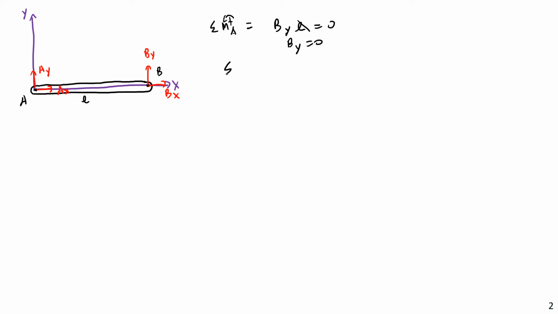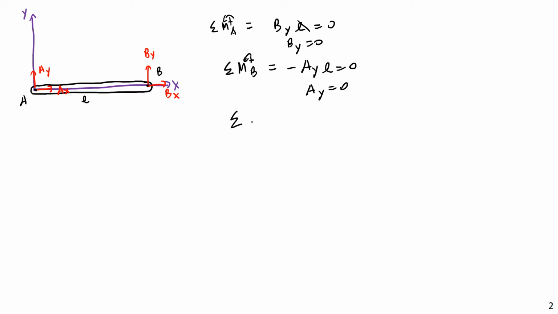And I can do the same thing with a balance of moments about point B. If I take a balance of moments about point B, I will get negative AY, negative moment because clockwise, times the length L equals 0. And as long as we are rejecting any trivial solution where the member length is 0, we could say that AY is equal to 0.